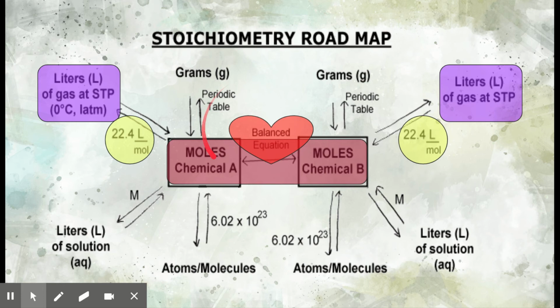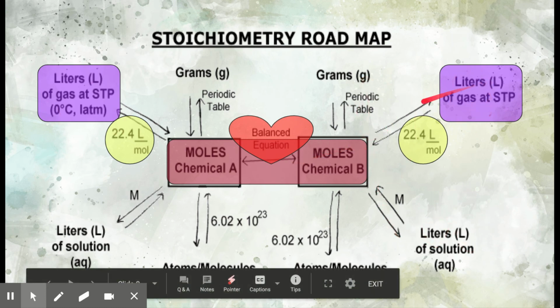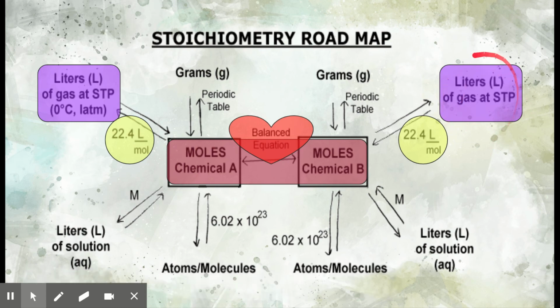So if we come to our stoichiometry roadmap, you have on either side liters of gas at STP, and our conversion factor here of 22.4 liters over 1 mole. I can either start with liters of gas and calculate grams or liters or atoms or molecules of another substance in my chemical reaction, or I can start with grams or moles and calculate the liters of gas that may have been produced by my reaction.